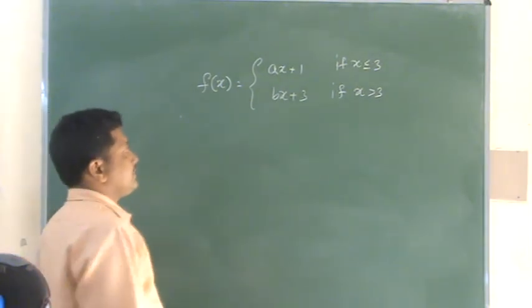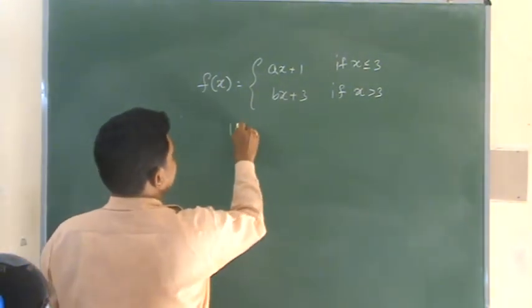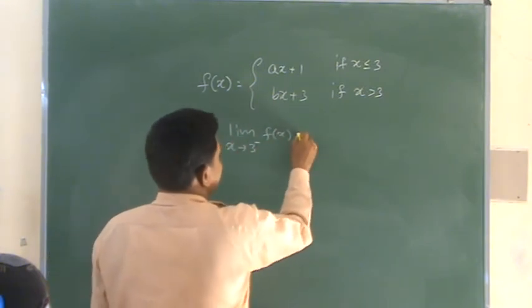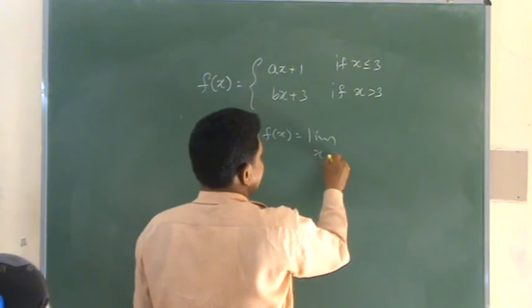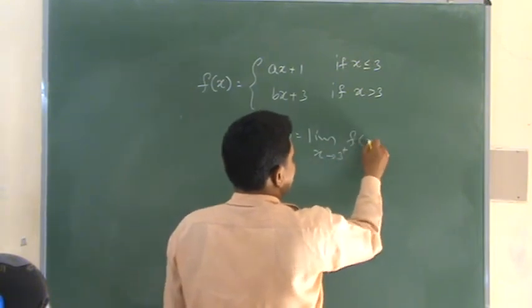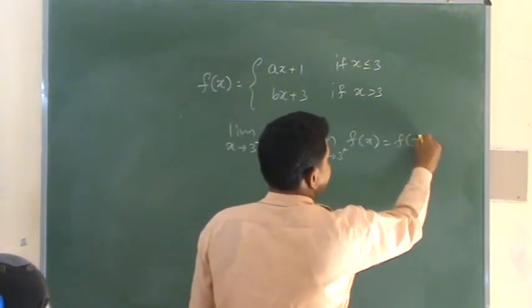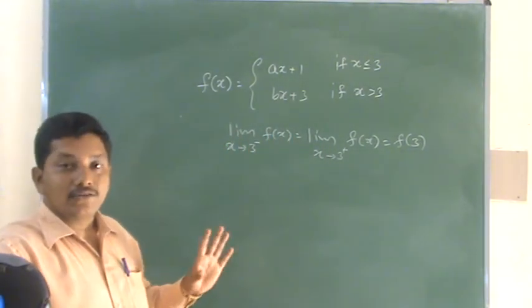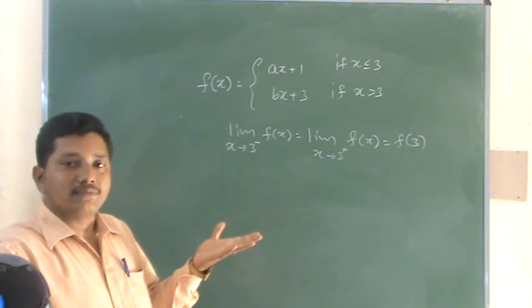For that reason I want to take limit x tends to 3 minus f of x equal to limit x tends to 3 plus f of x is equal to f of 3. So here they don't want us to calculate the a and b values. What is the relation between a and b?